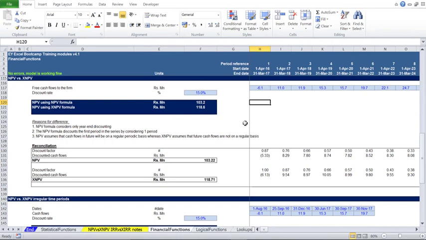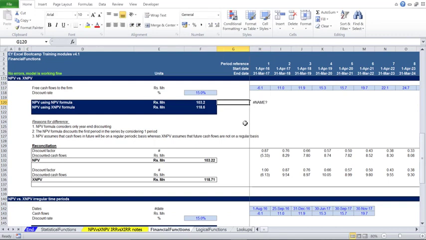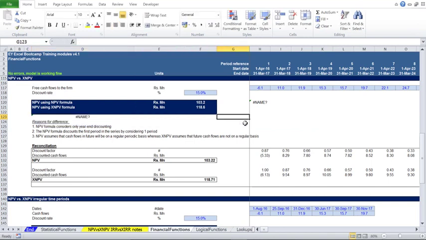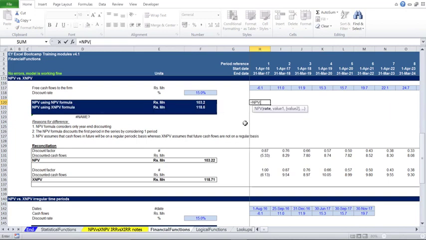Now let's look at the NPV function, equal to NPV. The description provided by Excel for NPV is: it returns the net present value of an investment based on a discount rate and a series of future payments. Future payments might be negative values as well as positive values. So we click on equal to NPV, press tab. The first argument asks us for the rate. We link the first argument with the discount rate, then press comma.